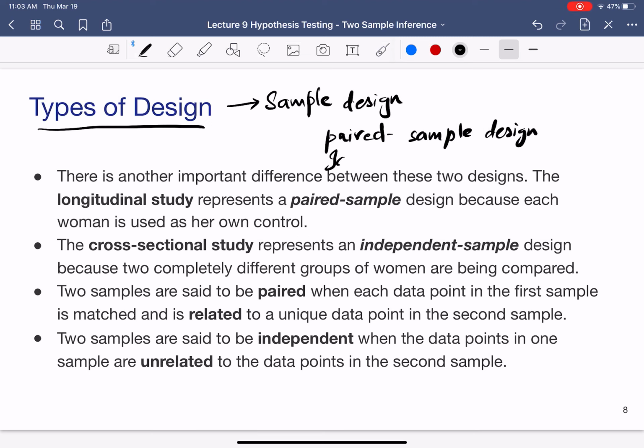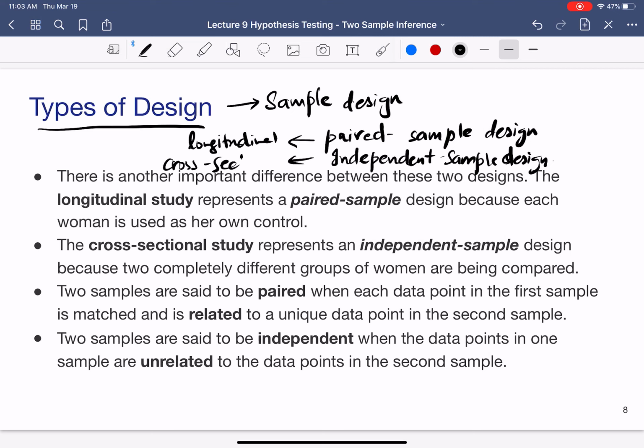The other is an independent sample design. So in a longitudinal study, we follow the paired sample design. In a cross-sectional study, we follow the independent sample design.